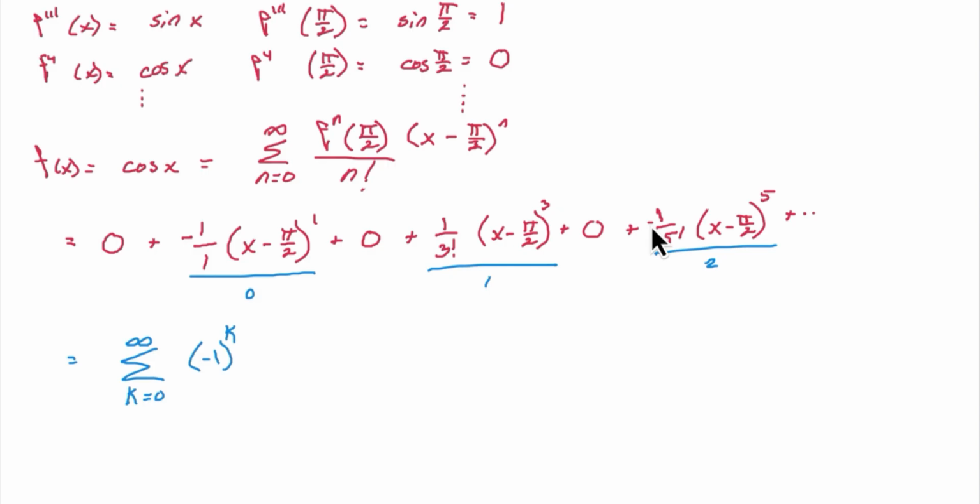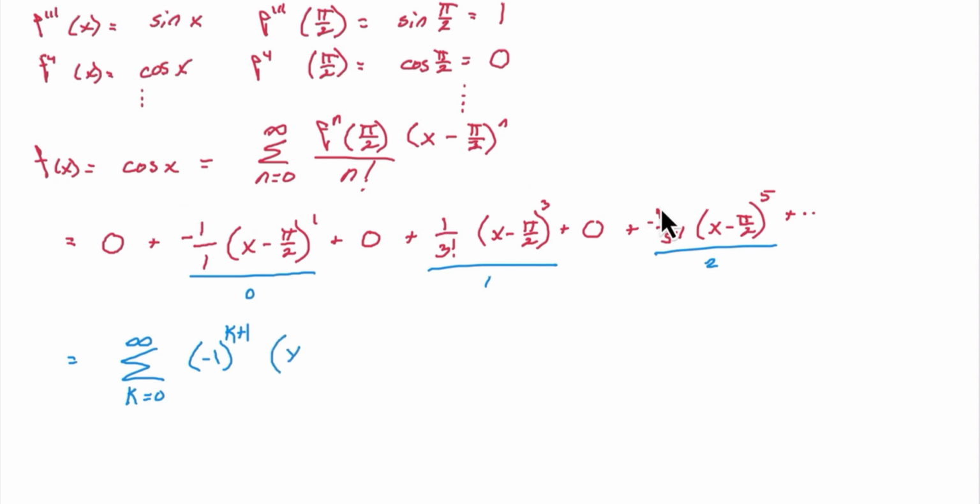But is it k or is it k plus 1? Let's test that. When k is 0, we have negative 1 to the 0. That would be a positive 1, which doesn't match up here. So let's make that k plus 1. And now the signs will match up with those negative, positive, negative, and so on.